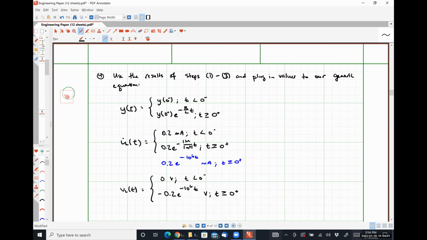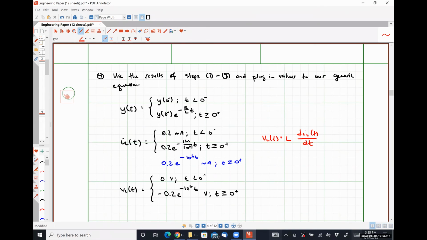So obviously, VL is L dIL by dt. We can use our calculus-based relationship to figure out what VL of t is. Or we can literally use our generic equation because we know how the inductor voltage has to behave anyway, right? And I would argue that using our generic equation and plugging stuff into it is probably a bit easier than doing calculus every time we want to know what one of those quantities is, okay?